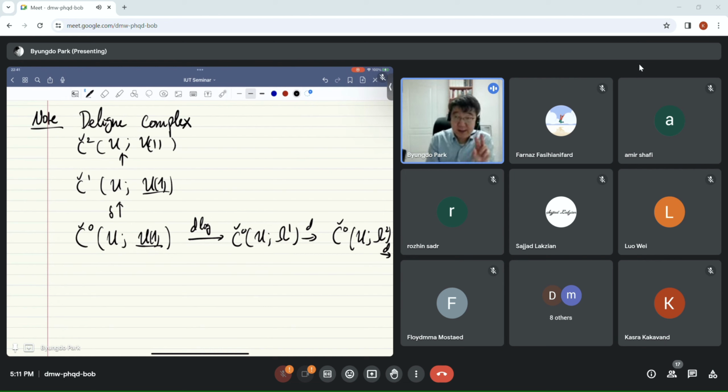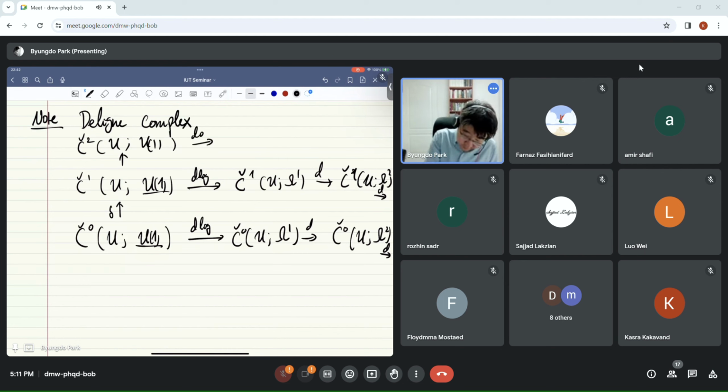Actually, that is what makes the complex a little bit special. D log. Then you have Čech degree 1 on an open cover with one form. Then D, and then you have Čech degree 1 and 2 form. Then take D and so on.